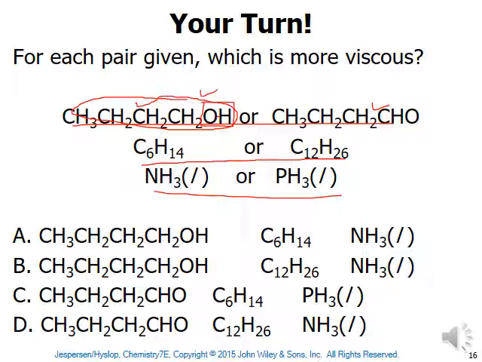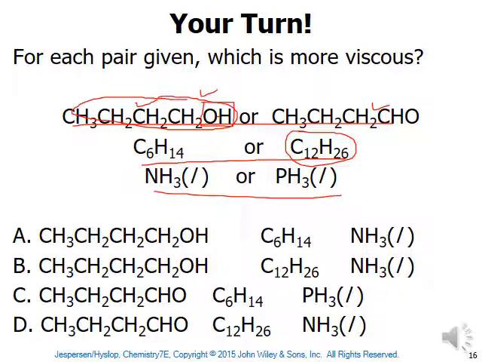These two guys, this one's going to have more interactions because it's bigger. Both of these are nonpolar molecules. And remember, a molecule with more carbons in it is going to be more nonpolar, and the bigger the nonpolar molecules are, the more interactions they will have with each other.